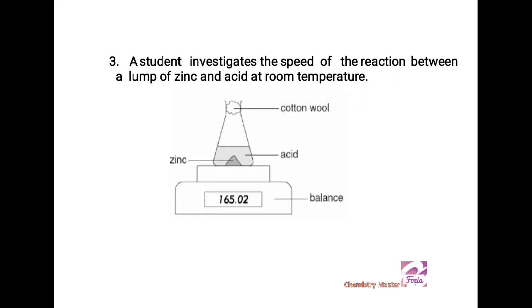The next MCQ: a student investigates the speed of the reaction between a lump of zinc and acid at room temperature. Again, the speed of the reaction means how fast the reactants are converted into products. Again, it is a measure of time.